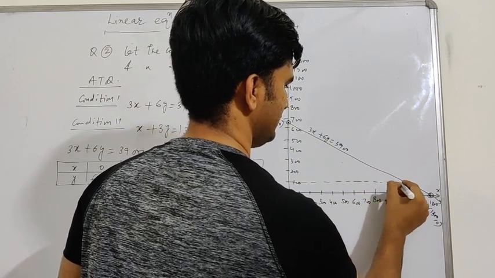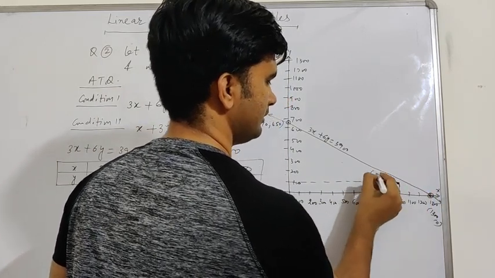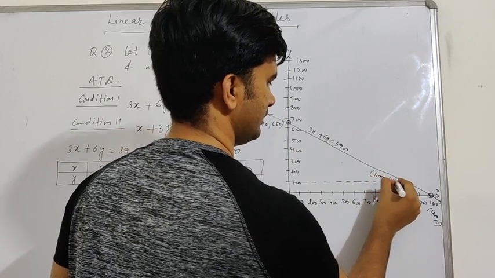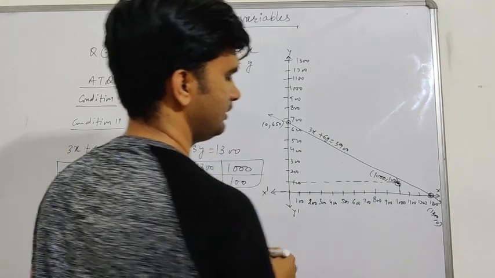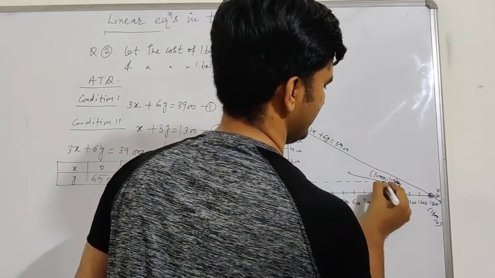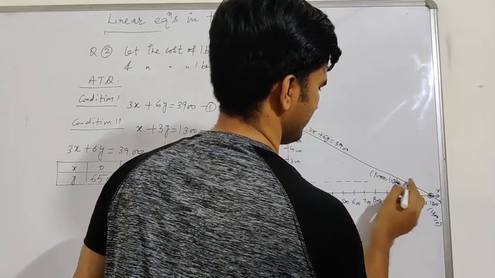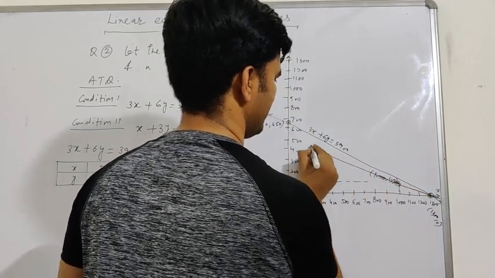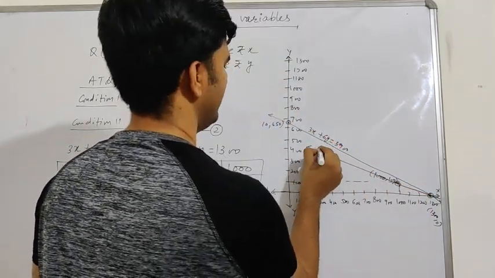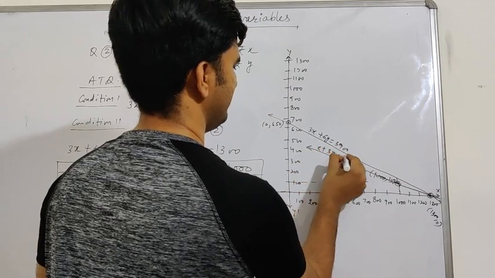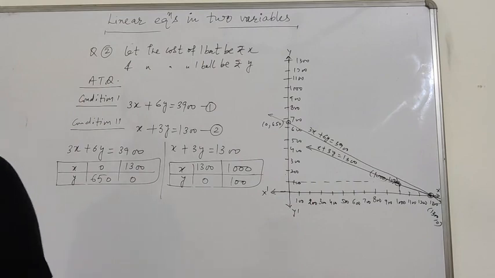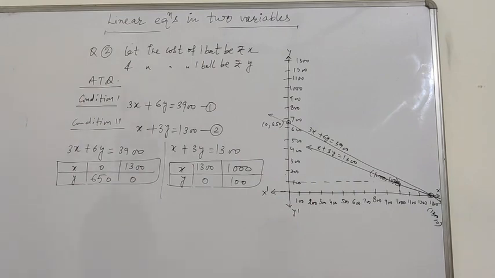You can easily get this value on graph paper. It is 1000 and 100. This point. Join these two points. X plus 3y is equal to 1300. This will be your graphical representation. Now come to the next question.